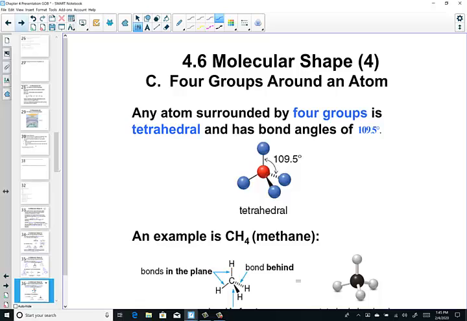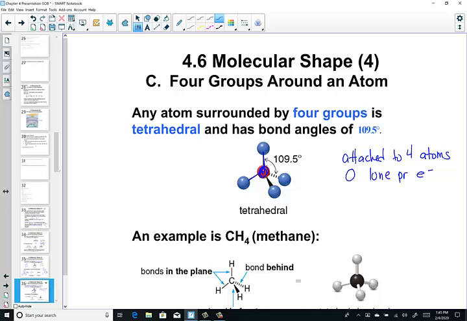Now let's suppose our central atom has 4 groups around, 4 attachments. For example, let's say we have an atom in the center, attached to 4 groups. And when I say groups, just think of it as atoms. From the central atom, I can count 4 atoms it's attached to and no lone pair electrons, so 0.